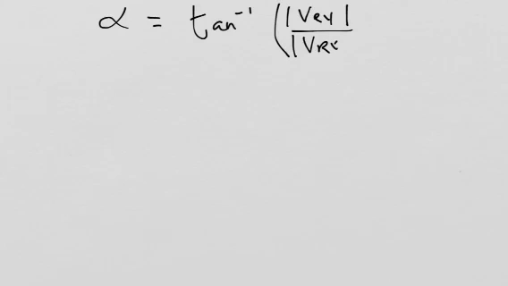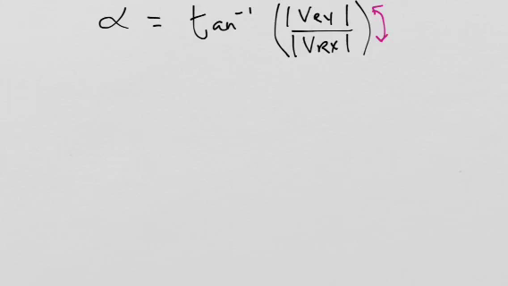Alpha is equal to the inverse tan of the absolute value of VRy over the absolute value of VRx. Where a lot of people make mistakes is that they swap these two, which gives you the wrong answer. Be certain that you put your Y on top and your X on the bottom.